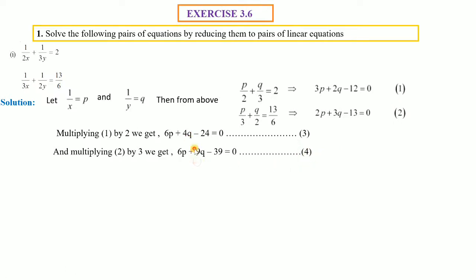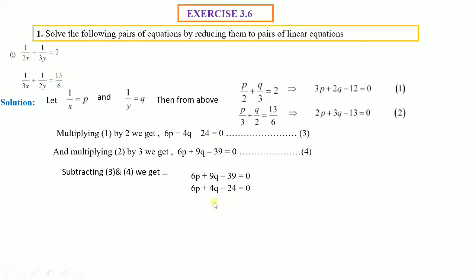Now we will solve these two. Since the coefficients of p are equal and with the same sign, we will subtract these two equations. Subtracting 3 and 4, we write 6p plus 9q minus 39 is equal to 0, and 6p plus 4q minus 24 is equal to 0.